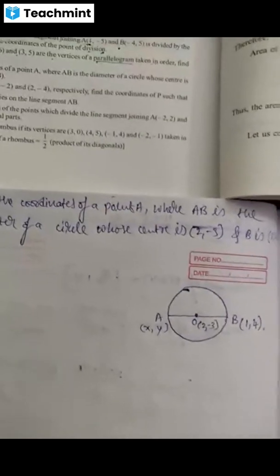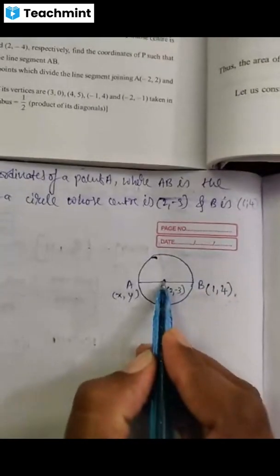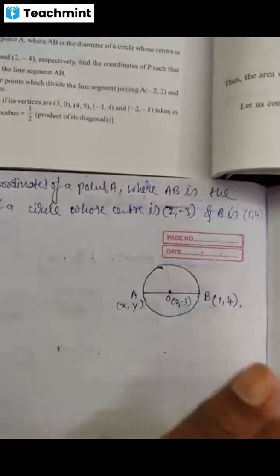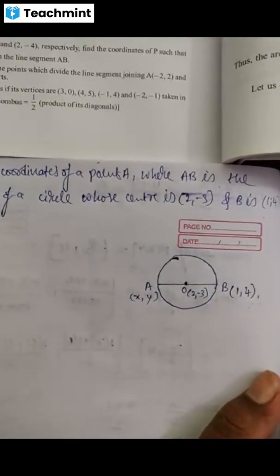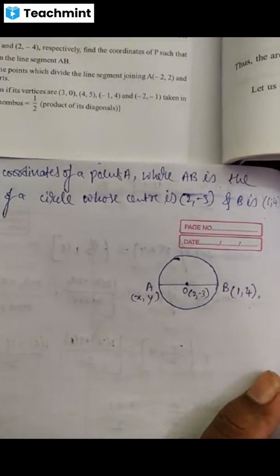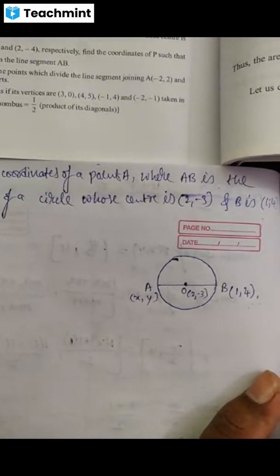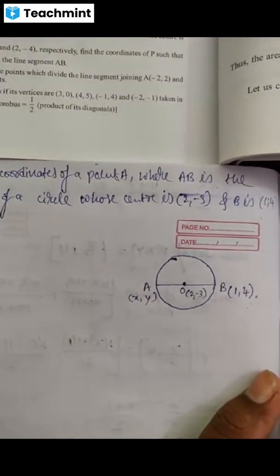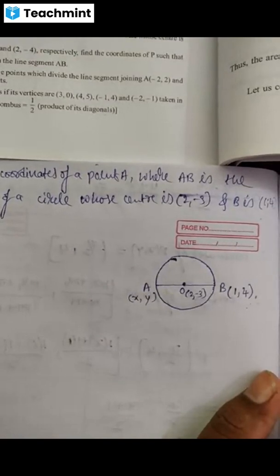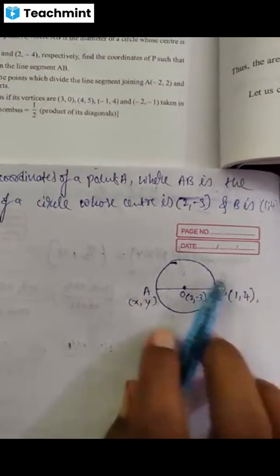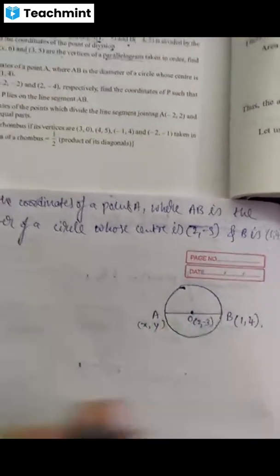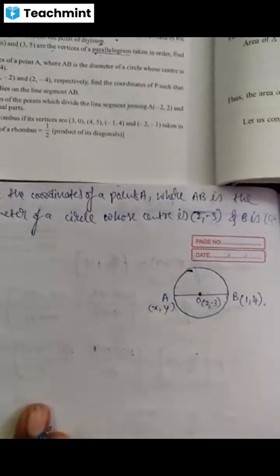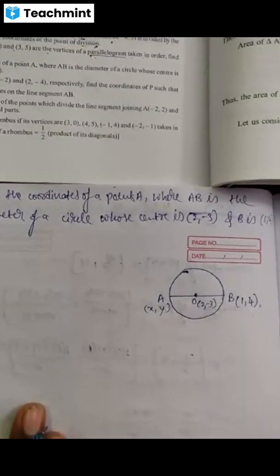Yes, radii are equal, means O is the midpoint of AB or not? O is the midpoint of AB. Is it right? Yes, sir.